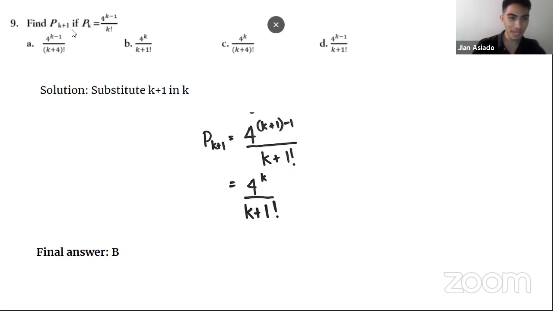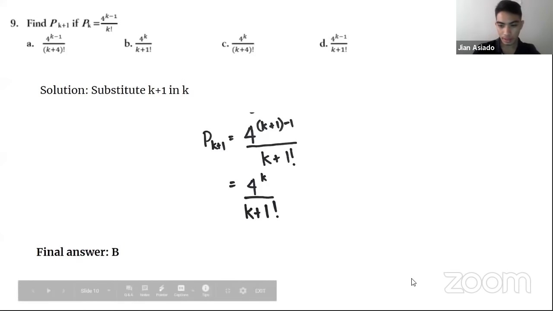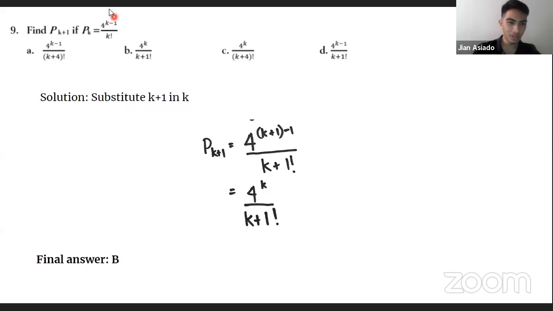So, given ka daw ng P sub K equal to 4 raised to K minus 1 over K factorial. So, basically, kung hahanapin mo si K plus 1, isa-substitute mo lang si K plus 1 kay K.